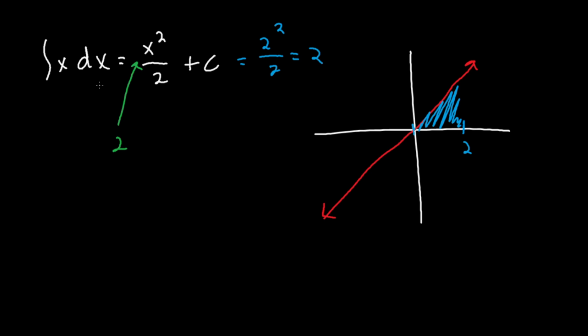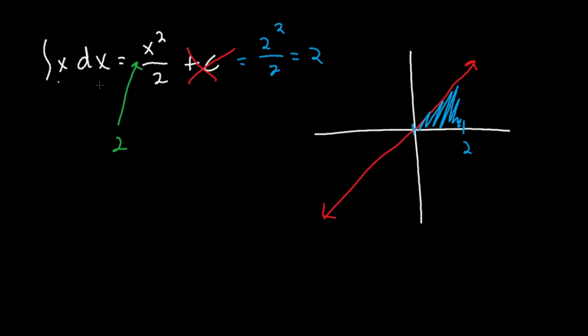Now, the thing about calculating definite integrals is that you can ignore c. And I'll cover that more in depth in my actual definite integrals video. But basically, for the indefinite integral, whatever you put as the input will be the area under the curve between 0 and your input for your integrand.